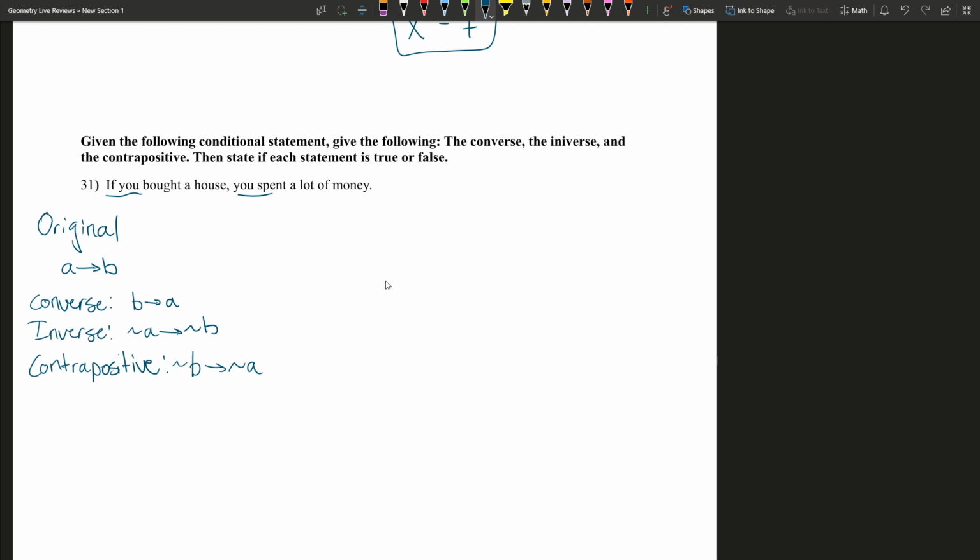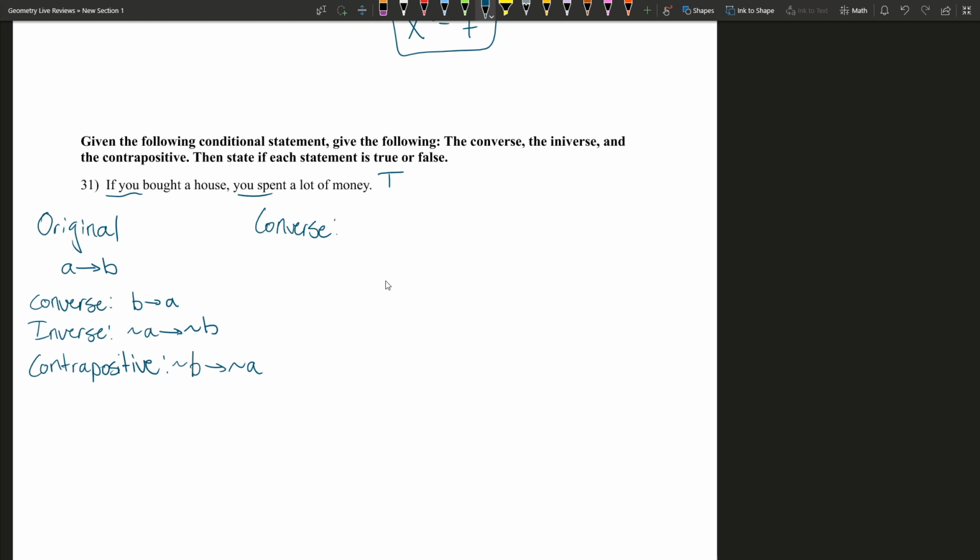So our converse, well, first of all, this statement would normally be true. Houses are expensive, so they usually take a bit of money.